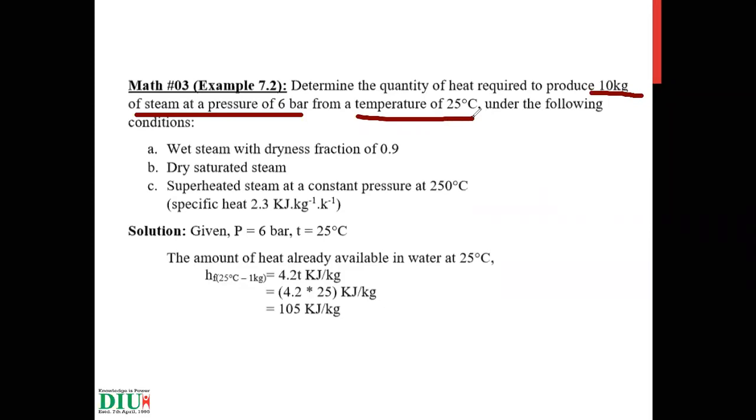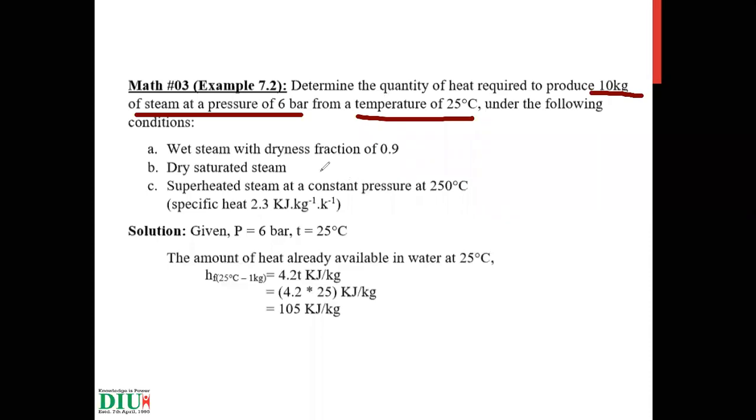Under these conditions, we need to find the amount of heat required for three kinds of steam. One is wet steam with dryness fraction, because for wet steam we need to find the value of dryness fraction.